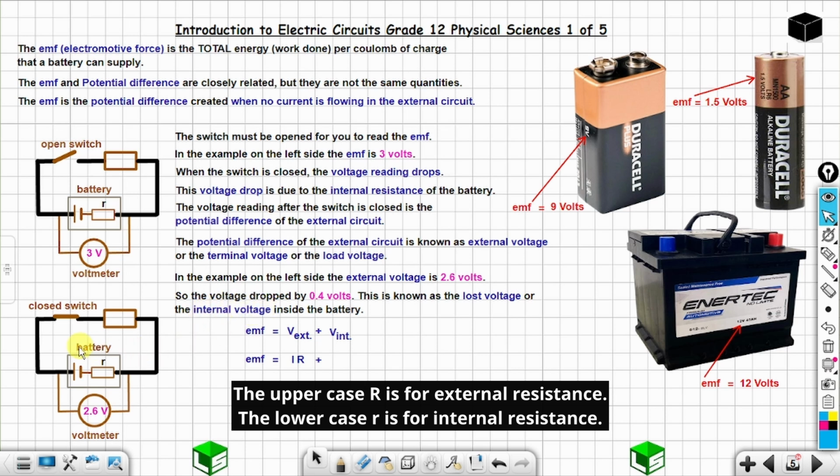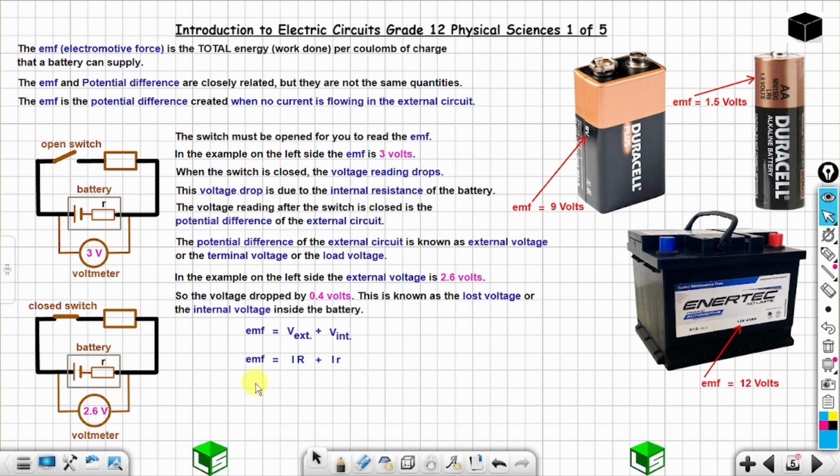This is inside the battery. You are going to have the same current times internal resistance. The EMF is equal to, you have current is common in both, so you take it outside of the bracket. Now, in the bracket, capital letter R plus lowercase r.